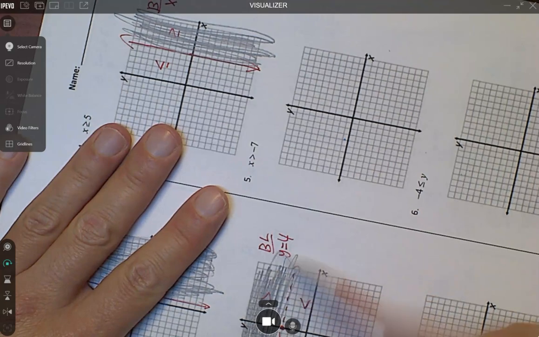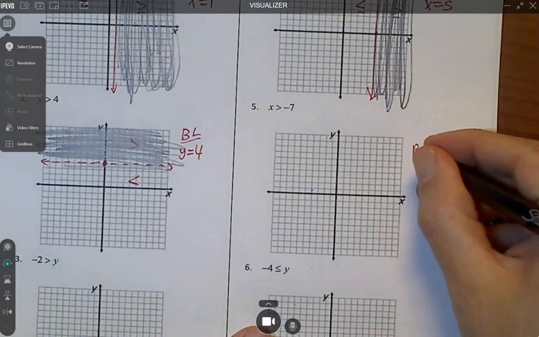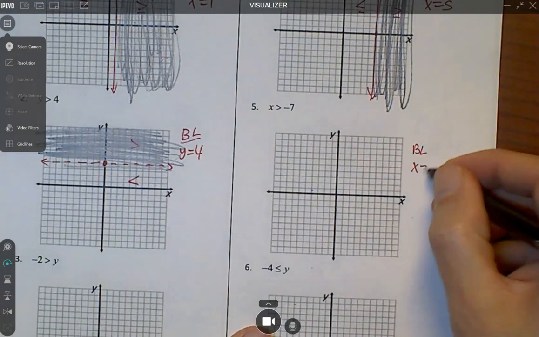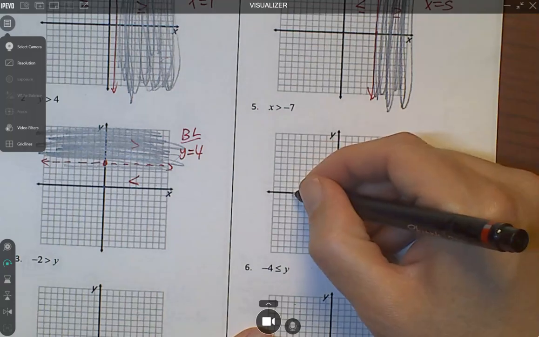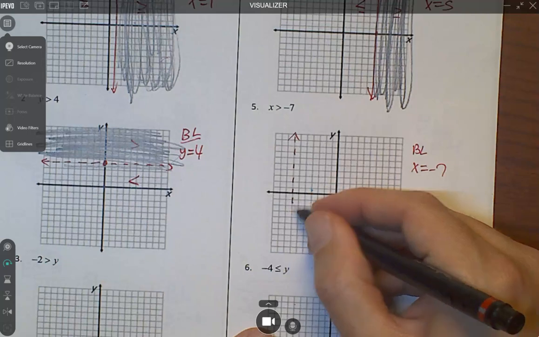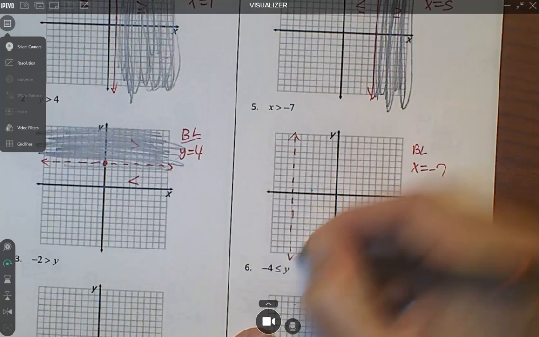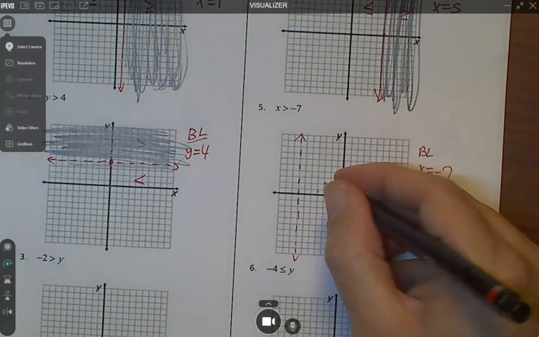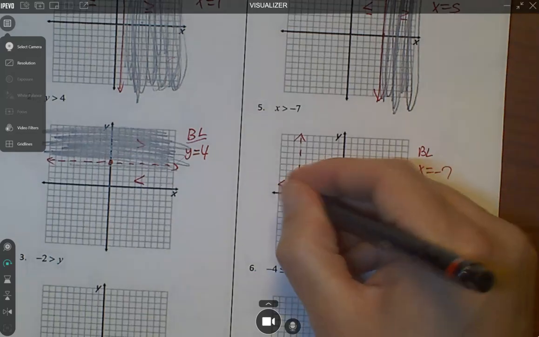We need all the y coordinates bigger than 4. Okay, boundary line. x equals -7. Dash. That way they're greater than. That way the x's are less than.